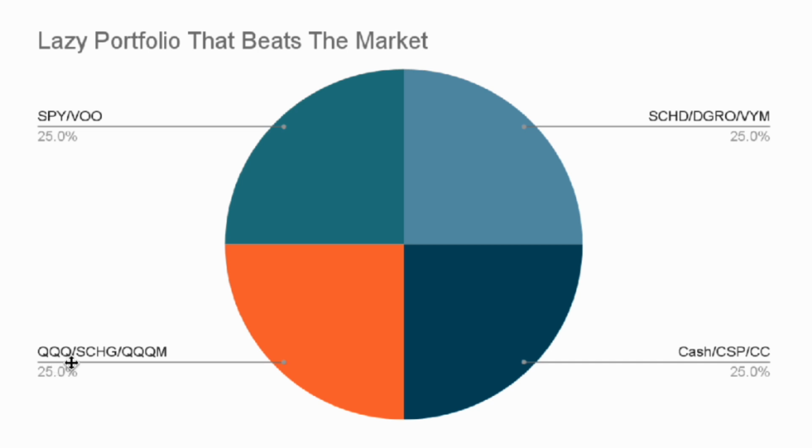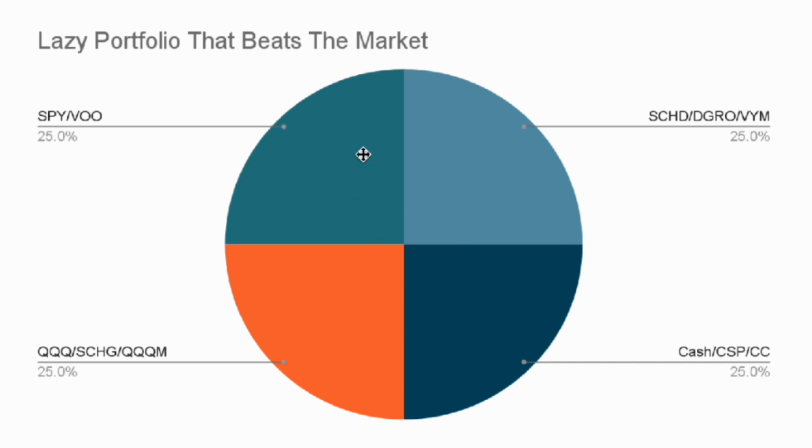And my last 33% was invested in QQQ. You can alternatively have SCHG and QQQM. But the introduction of cash to my portfolio to sell cash secured puts and covered calls divided this portfolio into 25% each. And this portfolio has proven in the last 15 to 20 years to beat the market.